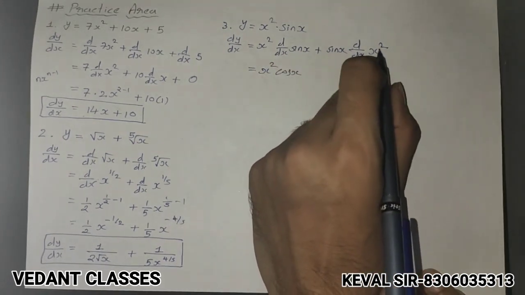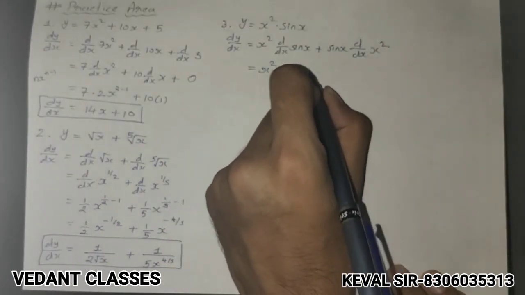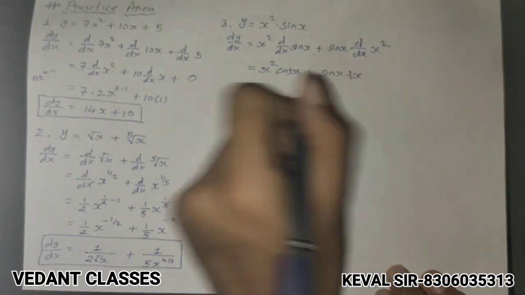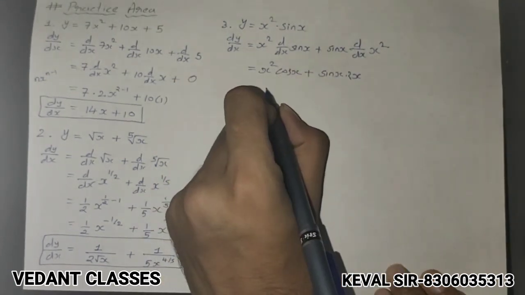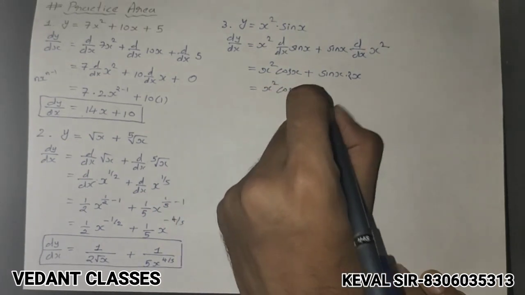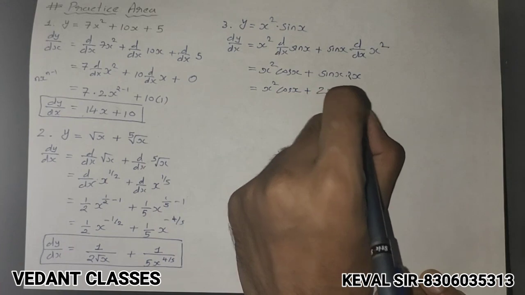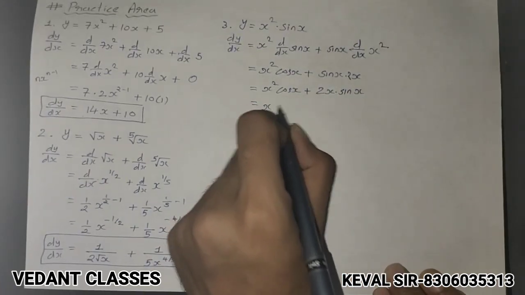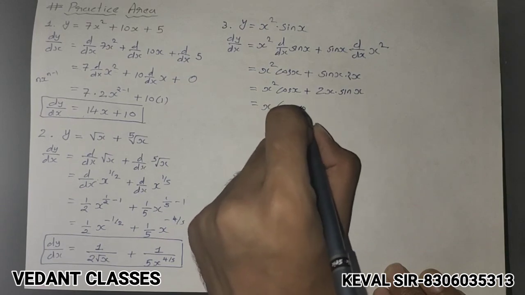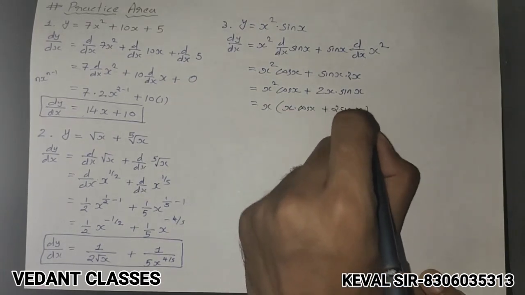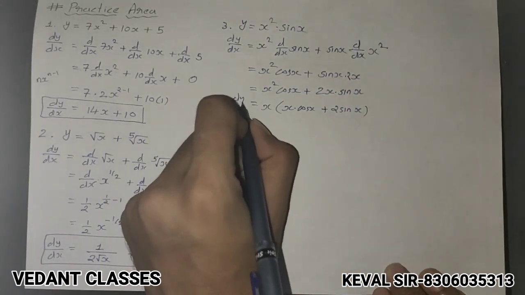Now what is the derivative of x square? It will be 2x, sin x dot 2x. So our answer will be x square cos x plus 2x sin x. You can also take x as a common, so it will be x into x cos x plus 2 sin x. So this will be dy by dx.